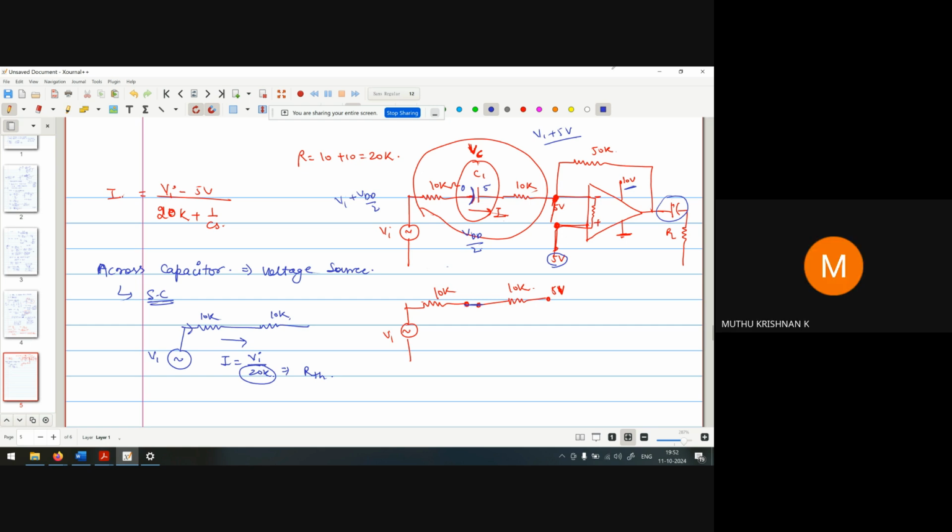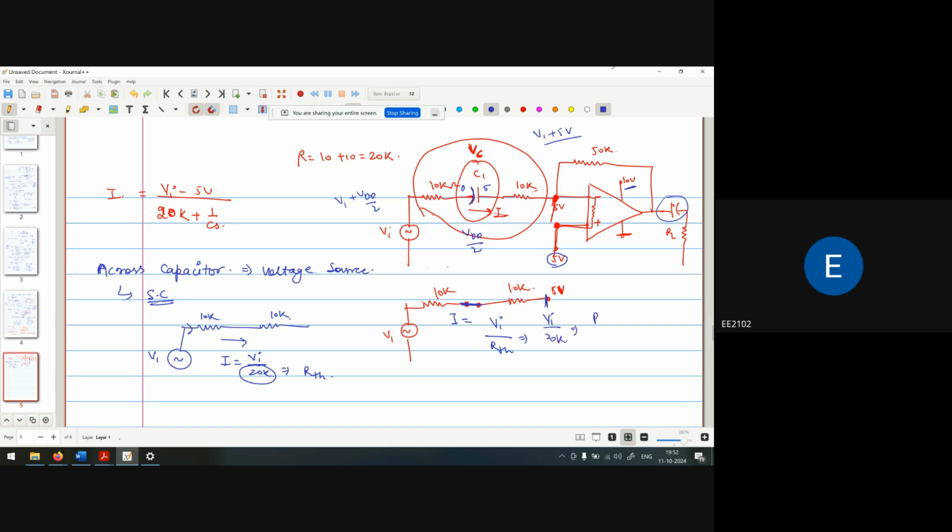Here, for completing the circuit, this is a VDS circuit. The current, till this point, is VI through this resistance. The value of current is VI upon RTH, and the value is VI upon 20K.